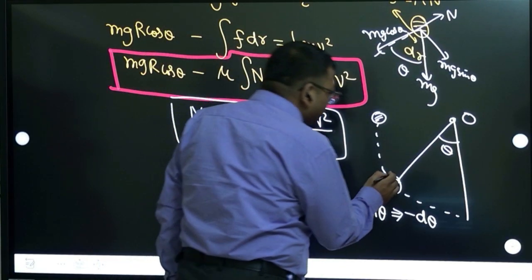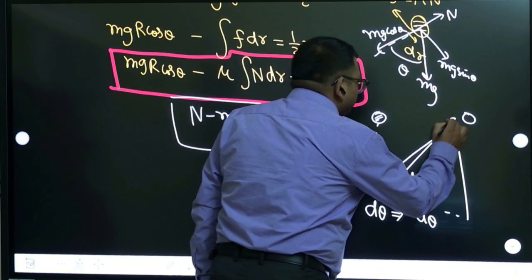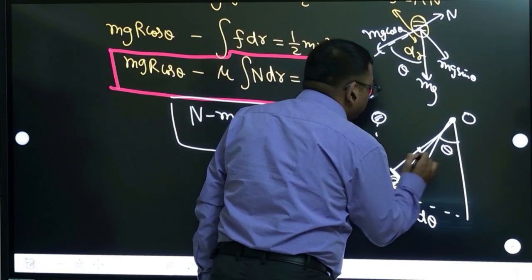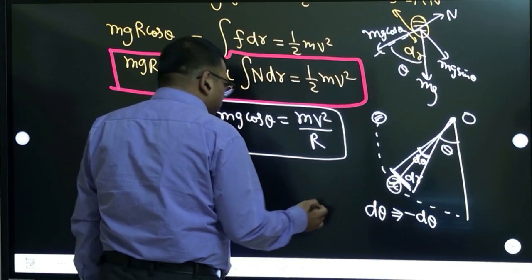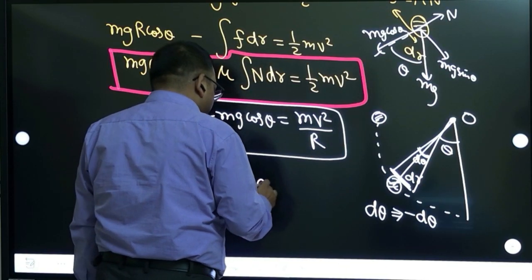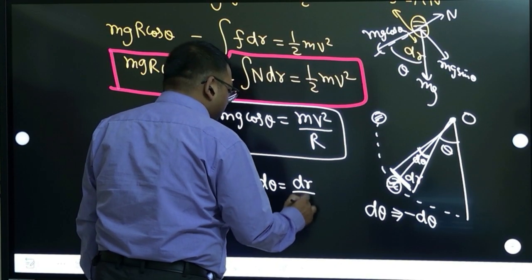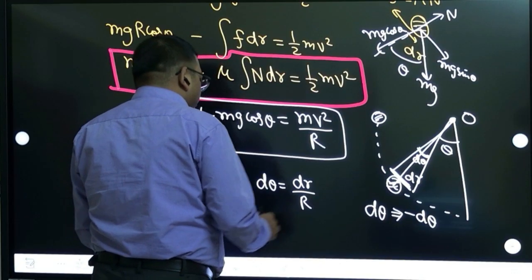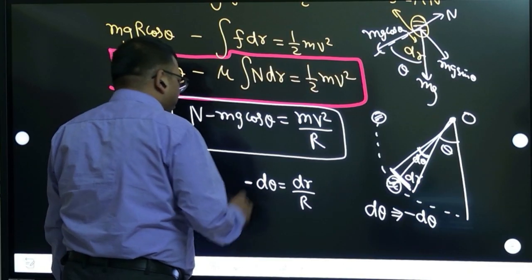And also note that whenever you are taking a small displacement dr, and let's take this small angle d theta, you know by trigonometry, by definition, d theta, angle in radian, is equal to arc length by radius. I think all of you know that. So when you're calculating this, you must write this as minus d theta.